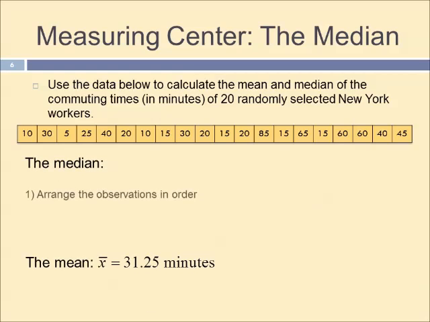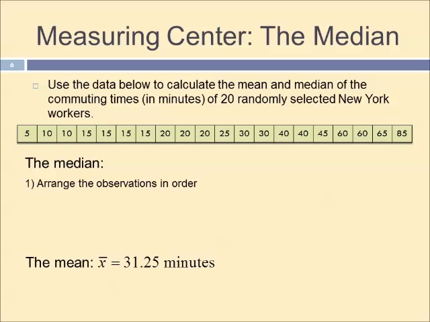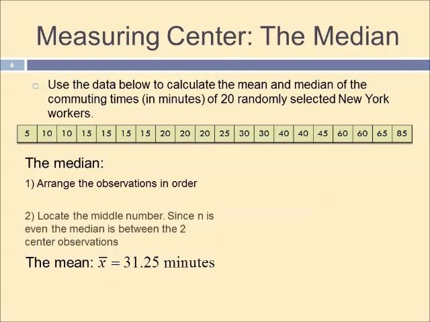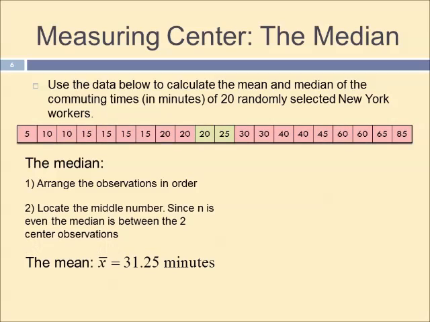The median: we arrange the observations in order first, in this case from low to high. Locate the middle number. Since n, 20, is an even number, the median is between the two center observations, so we just average them. So the median in this case is 22½ minutes.